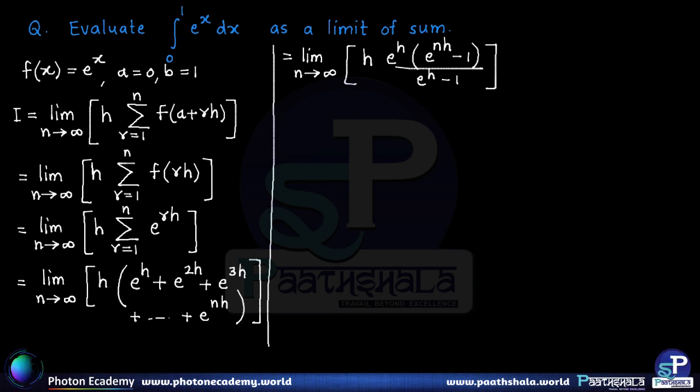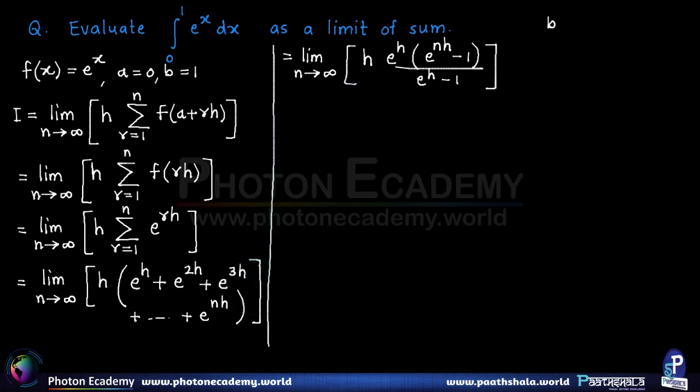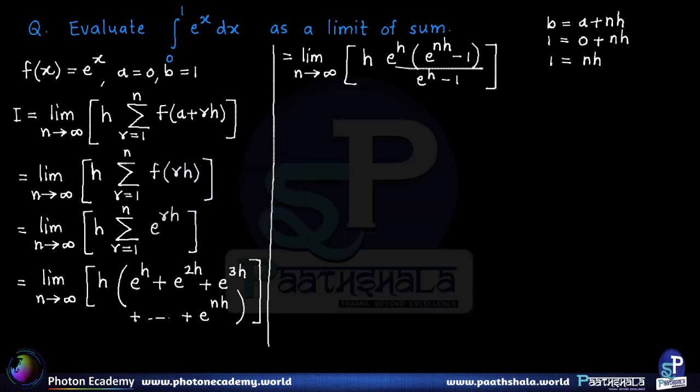Now we know that b is equal to a plus nh while calculating the definite integrals. So b is our upper limit, which is 1, and a is the lower limit, that is 0 plus nh. So that gives us nh is nothing but equal to 1, and this we use to substitute in this particular expression.